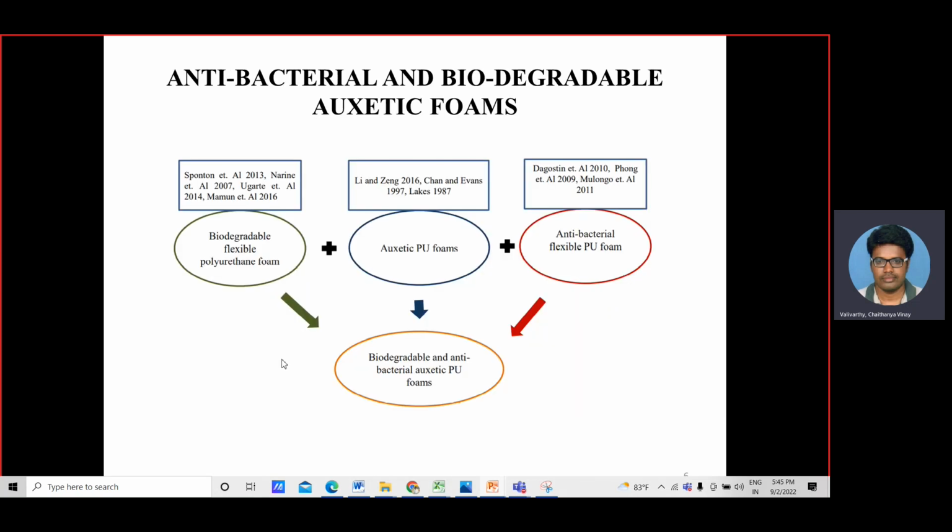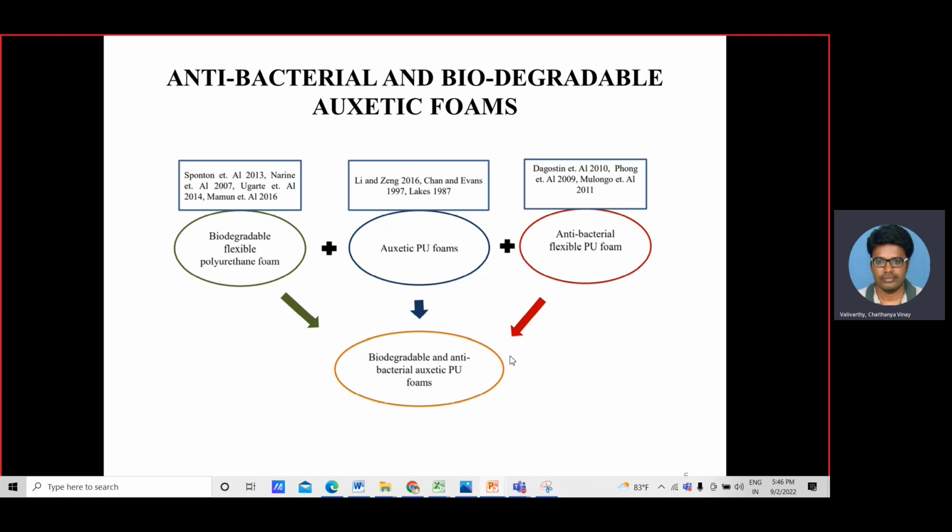For the first time, we have induced biodegradability and antibacterial properties together in one foam. We added castor oil, which makes the foam biodegradable, and at the same time we are adding a very small amount of silver nanoparticles, 1% in the polyol blend.